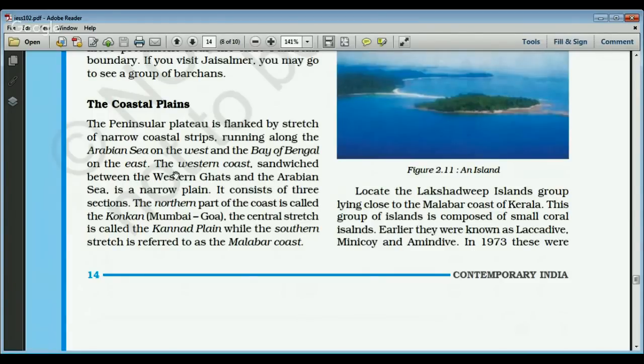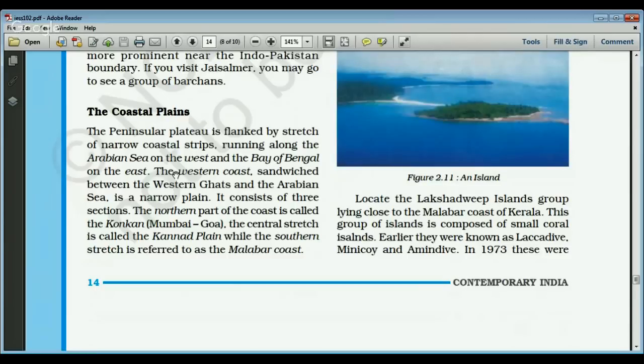The northern part of this western coast, from Mumbai to Goa, is known as Konkan. The central stretch is known as Kannad, and the southernmost stretch is known as Malabar. So the western coast is divided from north to south as Konkan, Kannad, and Malabar (KKM).